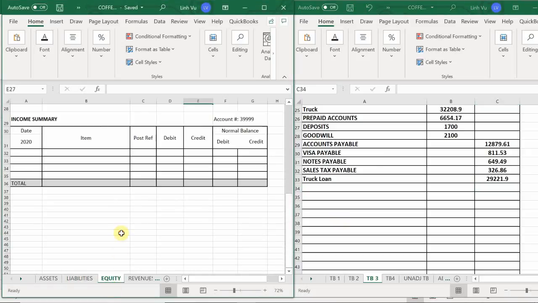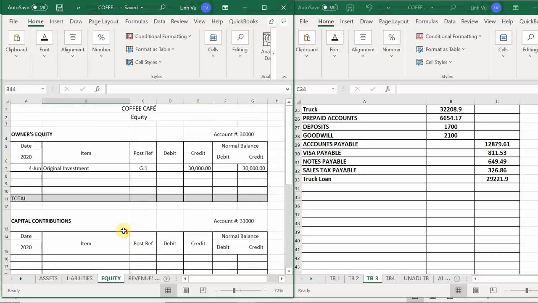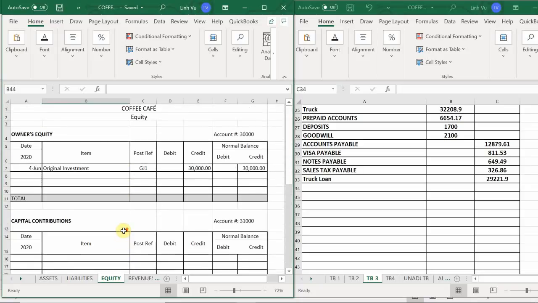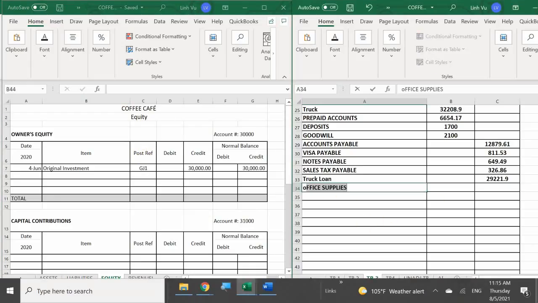Now we're going to dive right into our equity accounts. We only have 2 equity accounts that we need to put in our trial balance. Number 1, owner's equity, for how much? 30,000.